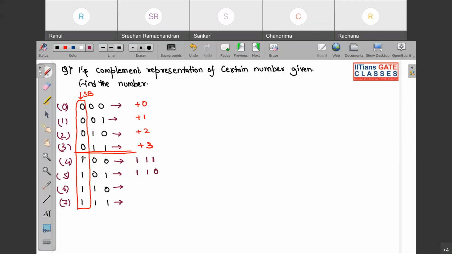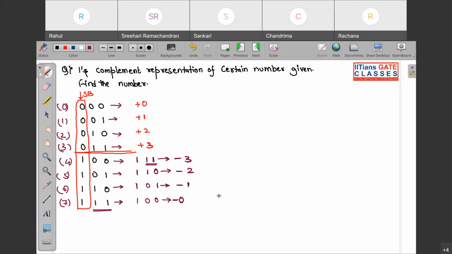See, I am not taking the complement of the sign bit at any time, only of the magnitude bits. This will be 1, 0, 1, and this will be 1, 0, 0. Now this corresponds to -3 because of the magnitude bits. This corresponds to -2, this corresponds to -1, and this corresponds to 0, or specifically -0.